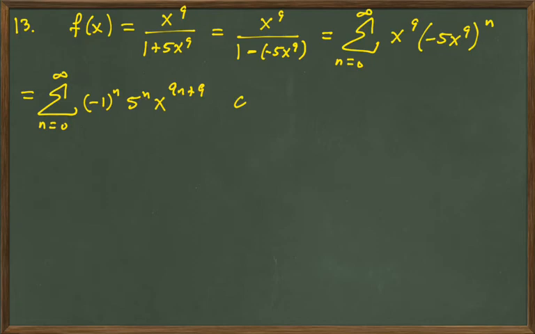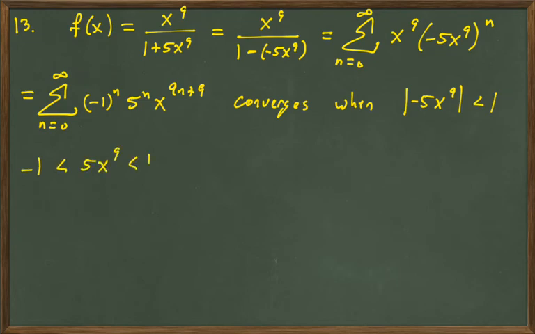And if we want to find where this thing converges, that's when the absolute value of the common ratio, which is the negative 5x to the 9th power, is less than 1. So negative 1 is less than 5x to the 9th, which is less than 1. Divide all three sides by 5, so negative 1/5 is less than x to the 9th, which is less than 1/5. And then we're going to take the 9th root. The 9th root function is an increasing function.